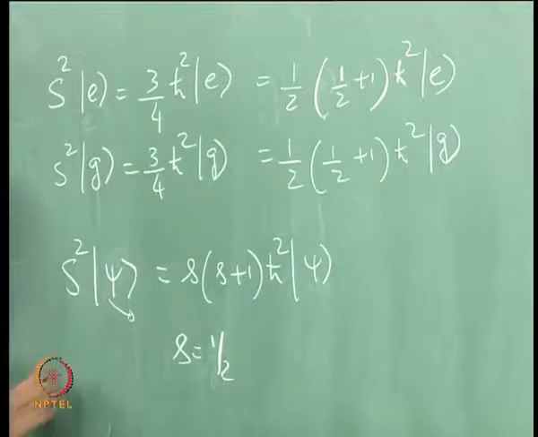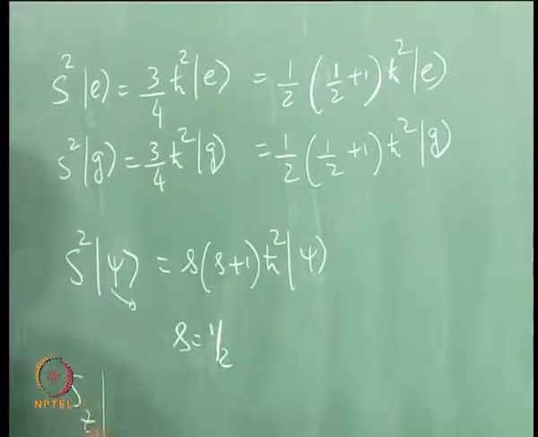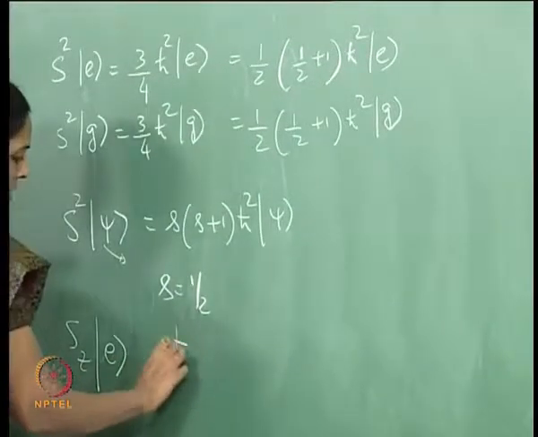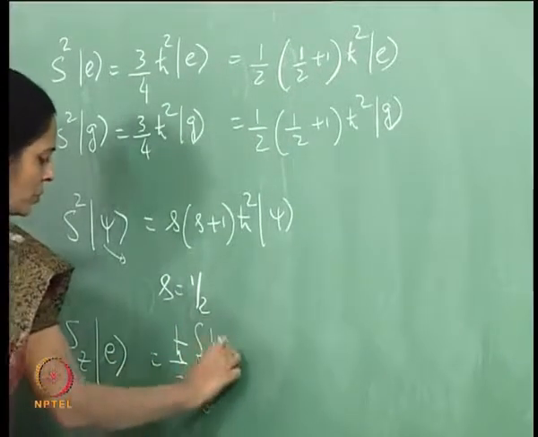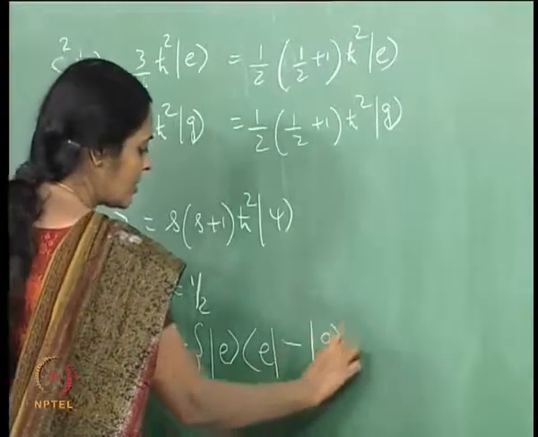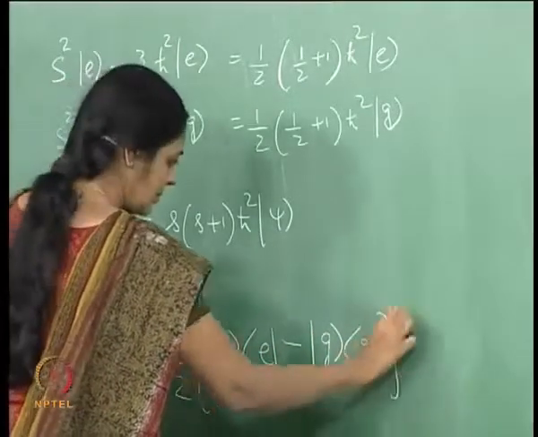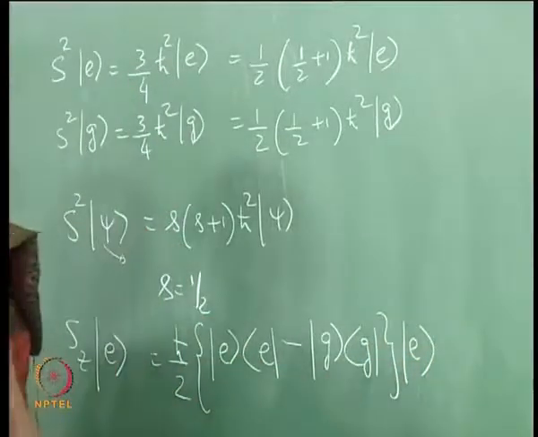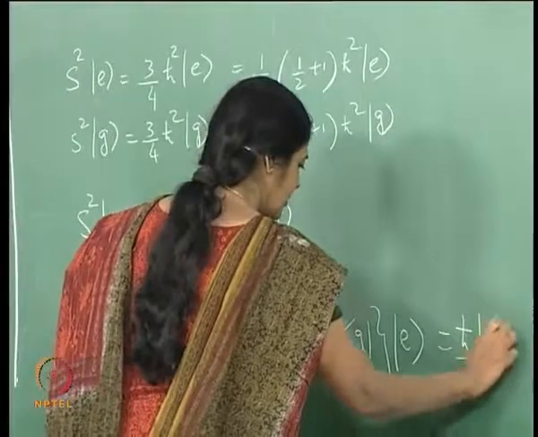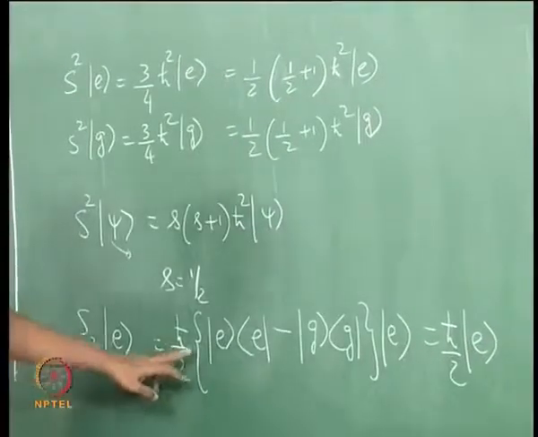Now let me look at Sz acting on ket e. It's obvious that this is the same as ħ by 2 (|e⟩⟨e| − |g⟩⟨g|) acting on ket e, and that is just ħ by 2 ket e.